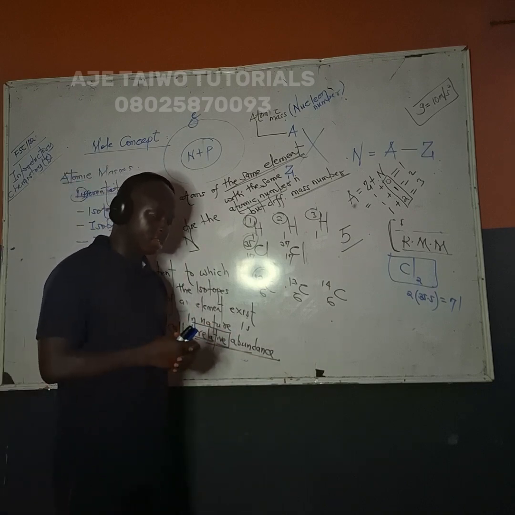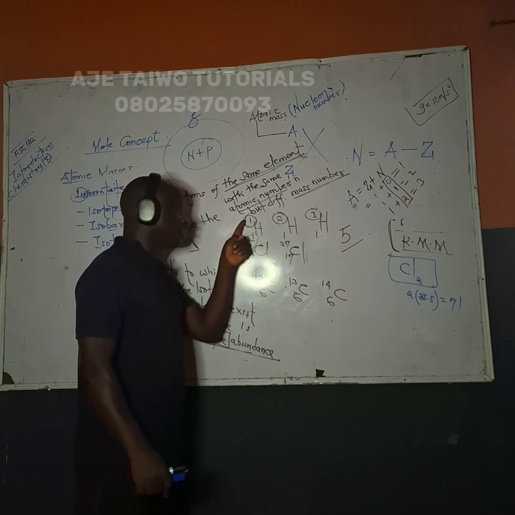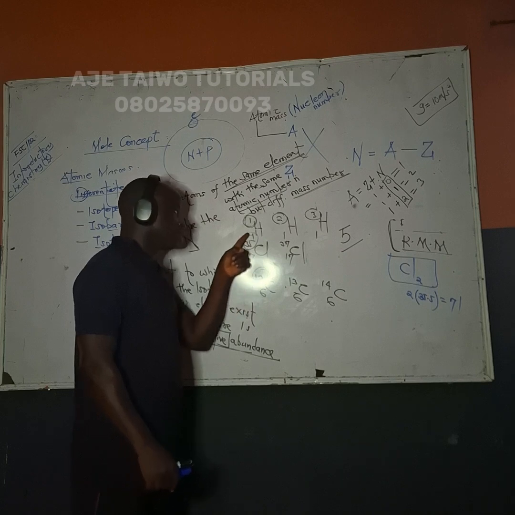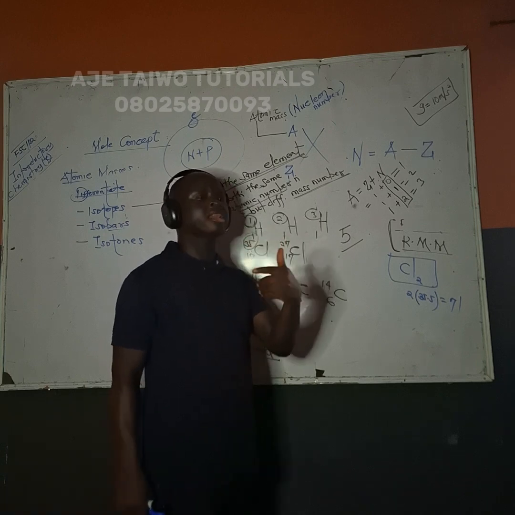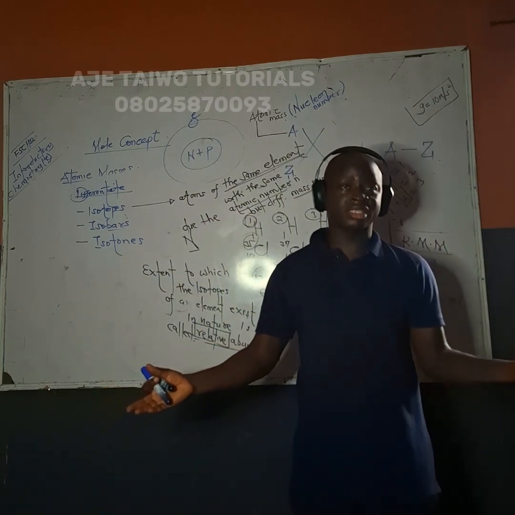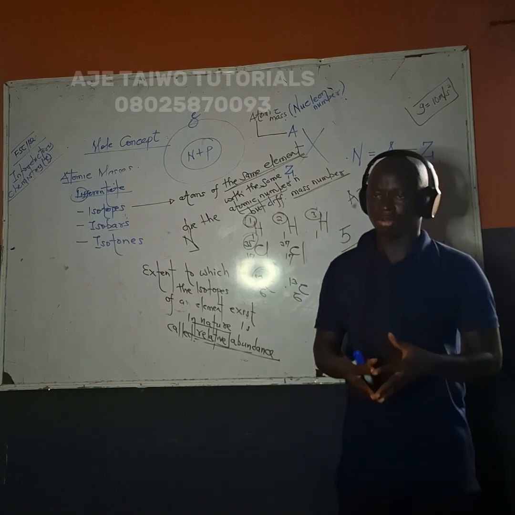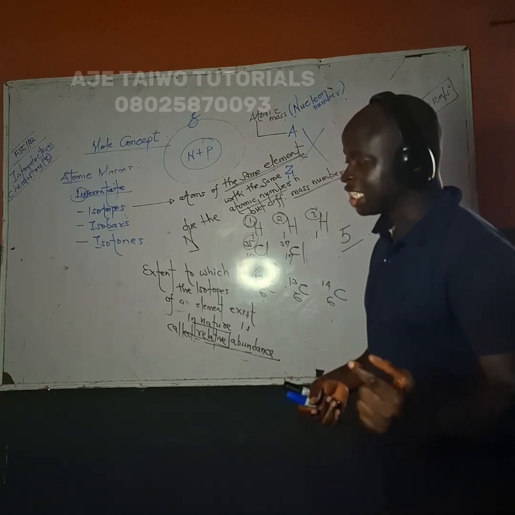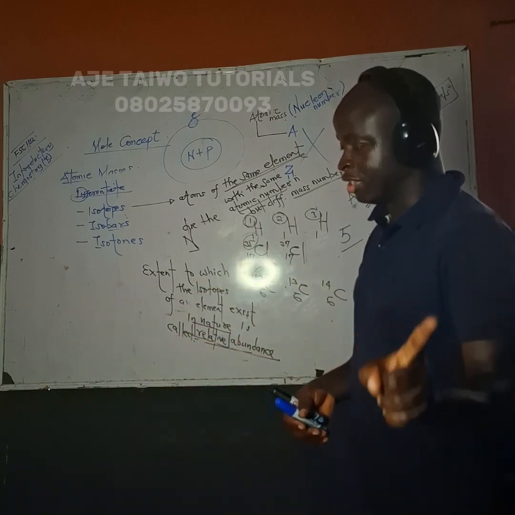The lower the atomic mass, the more abundant that isotope will be. Is that okay? And the more the atomic mass, the more likely the atom will be what? Radioactive. The more the atomic mass, the more the possibility of the atom being radioactive, because radioactivity is caused as a result of an increase in the number of neutrons of the atom.